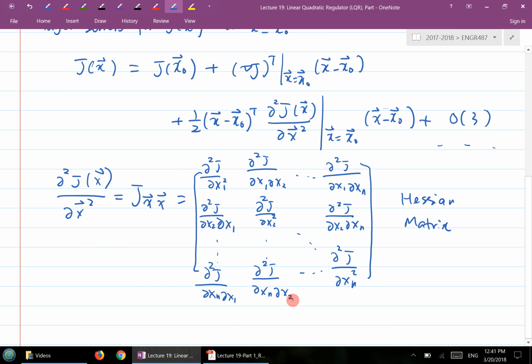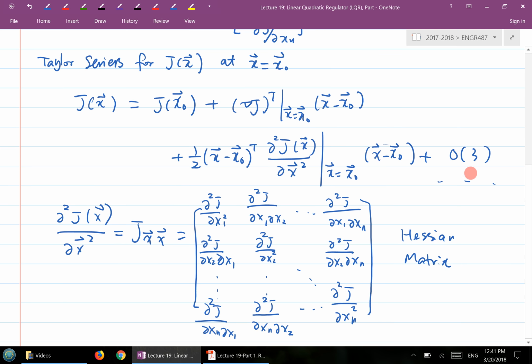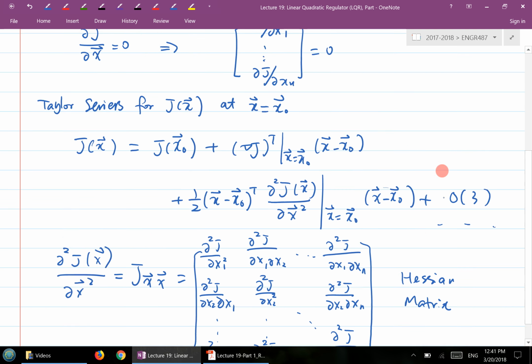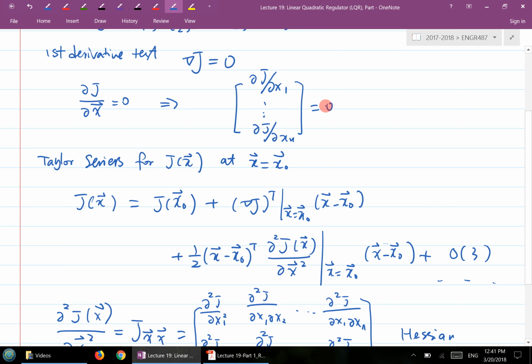Good. So why I'm writing this down here is, let's go back to this Taylor series, right? Look at this Taylor series expansion, and we know this is the Hessian matrix here. So what does the second derivative test mean? Let's say you do a first derivative test, and you find that x equal to x naught is the critical point.